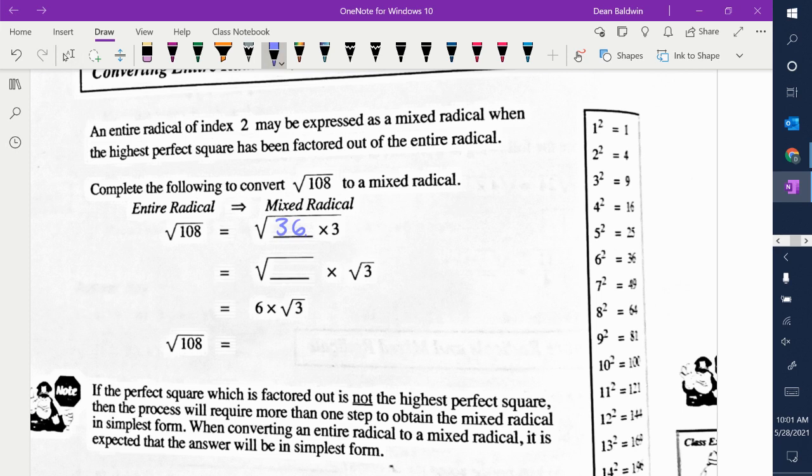So then I can rewrite it as square root of 36 times square root of 3. We know the square root of 36 is 6. They even give it to you there. I don't know why they give it to you there. So then you would write it, root 108 is equal to 6 root 3.